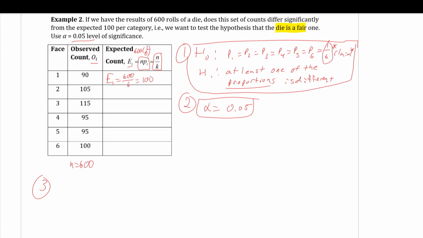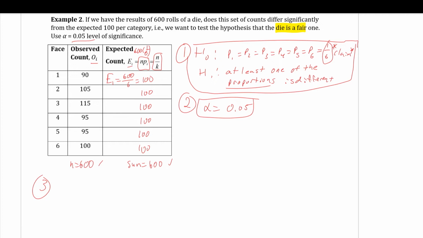And of course, E2, E3, E4, E5 are all the same because the same n and the same k, so you get 100 for each one. And again, the sum here has to be the same as our observed counts, right? So the total expected counts and the total observed counts have to add up to be the same total, which in this case is 600 rolls of the die.